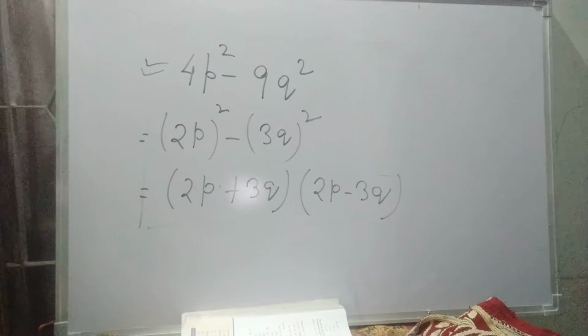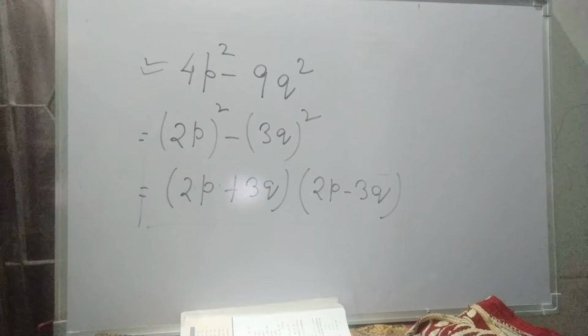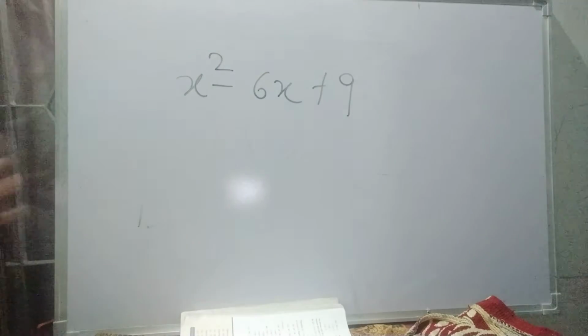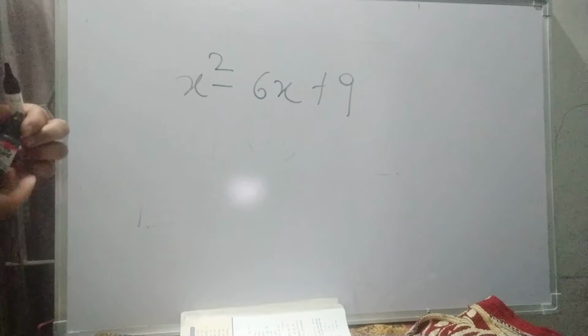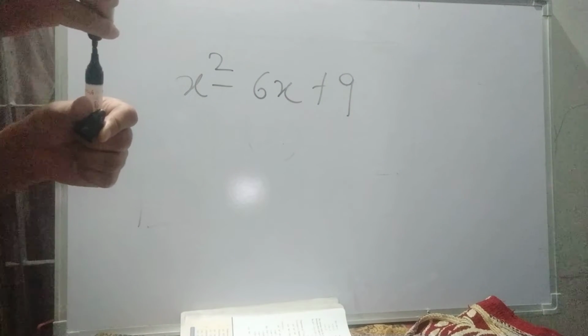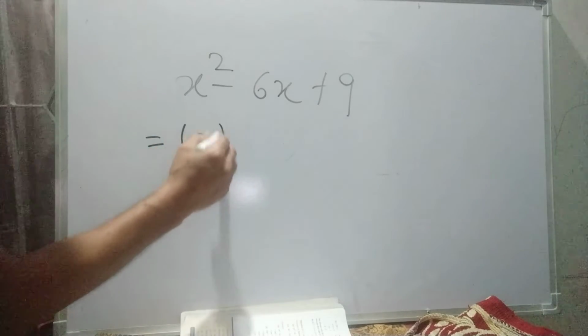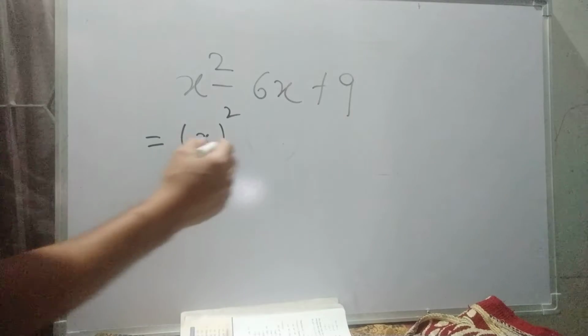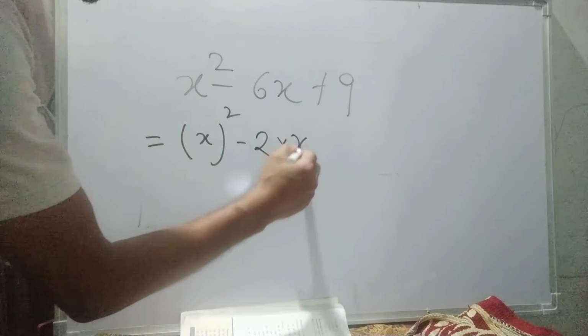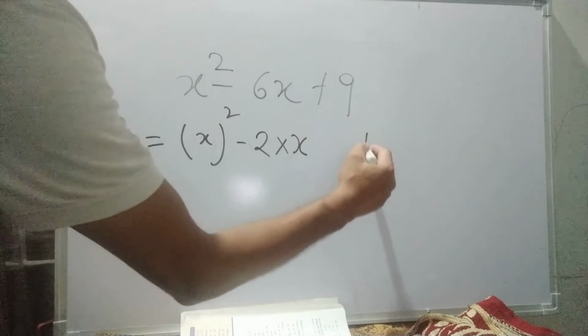Suppose we are given a different algebraic expression to be factorized using an identity. Suppose we are asked to factorize x square minus 6x plus 9. How can we factorize this using the identity? If you observe this expression, you will find that it is the square of x, that is a square, minus twice multiplied by a, where a is x, and then it is the square of 3.